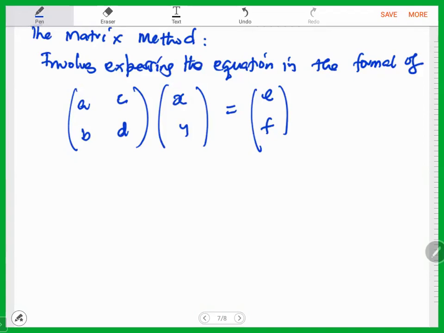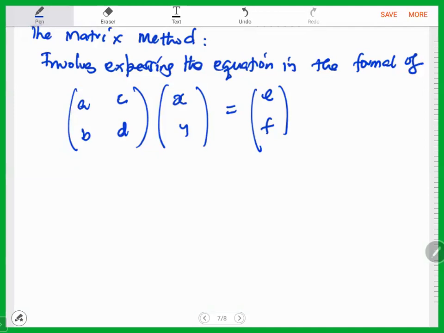Now, with this method, we have what we call a matrix of the coefficients of x and y. We have matrix A, which is a matrix of coefficients of x and y.